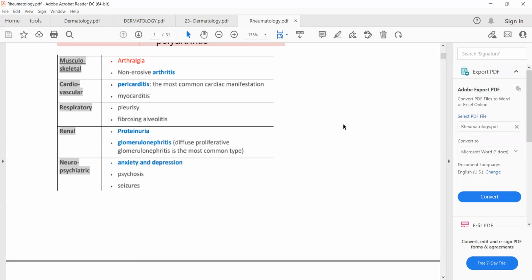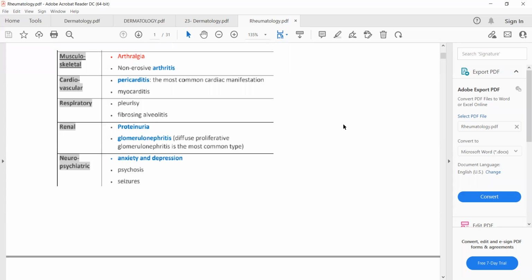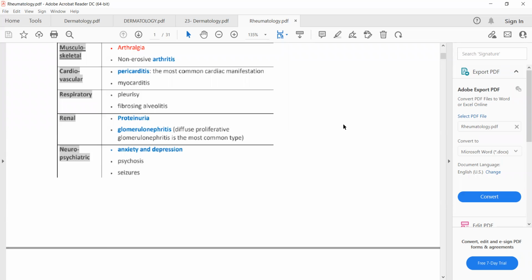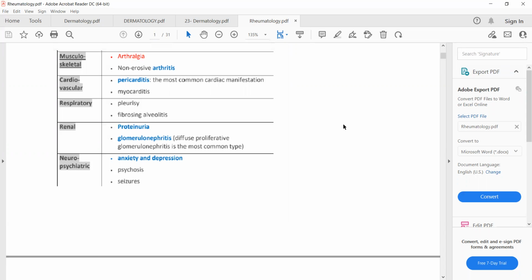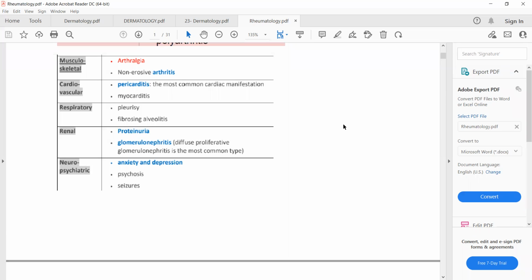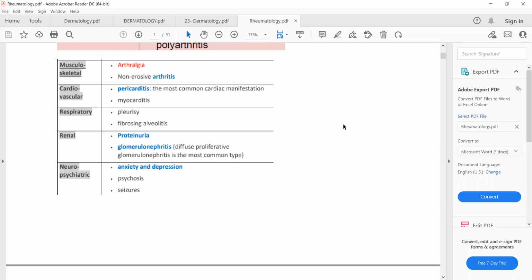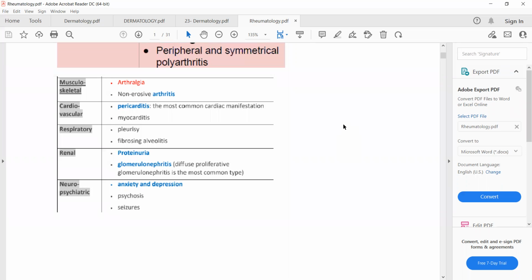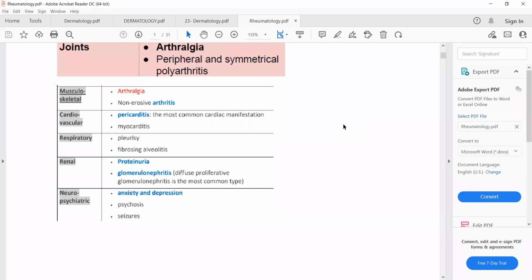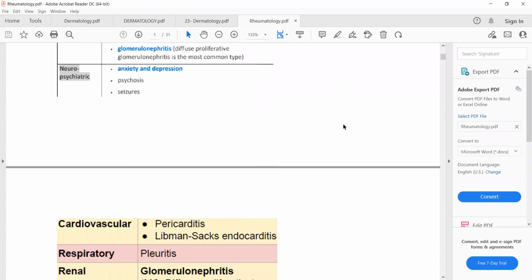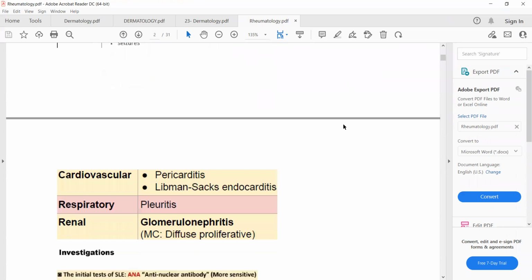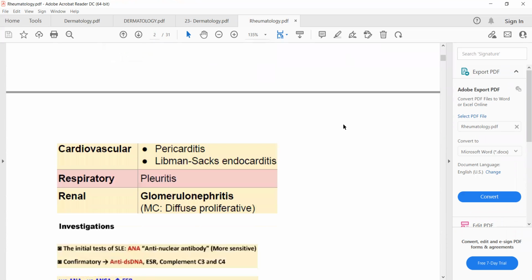And we have already discussed neuropsychiatric symptoms such as anxiety, depression, psychosis, and seizures can also occur in patients with SLE. So you have seen that SLE can affect any organ of the body. It is a multi-system disorder. So the skin manifestation, musculoskeletal manifestation, cardiac, respiratory, renal, and neuropsychiatric manifestation. You can remember this systemically.